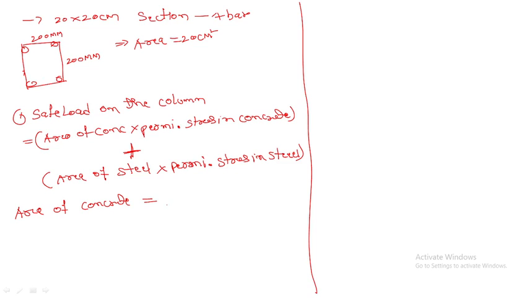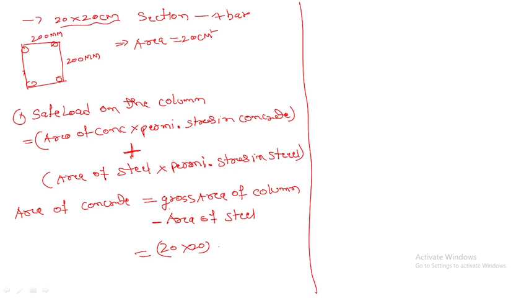Now that is 20 into 20 minus the area of the steel, given in centimeters, so we will get 380 centimeter square.